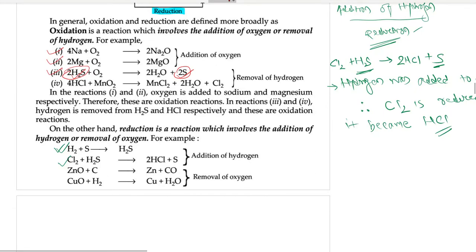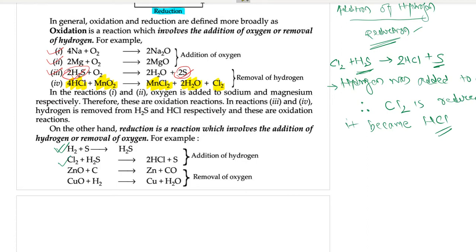Okay. One more thing, if you see, 4HCl plus MnO2 gives MnCl2 plus 2H2O plus Cl2. What happened to Cl? Chlorine was with hydrogen and hydrogen was removed from chlorine, right? So this is the removal of hydrogen, that means it is oxidation.